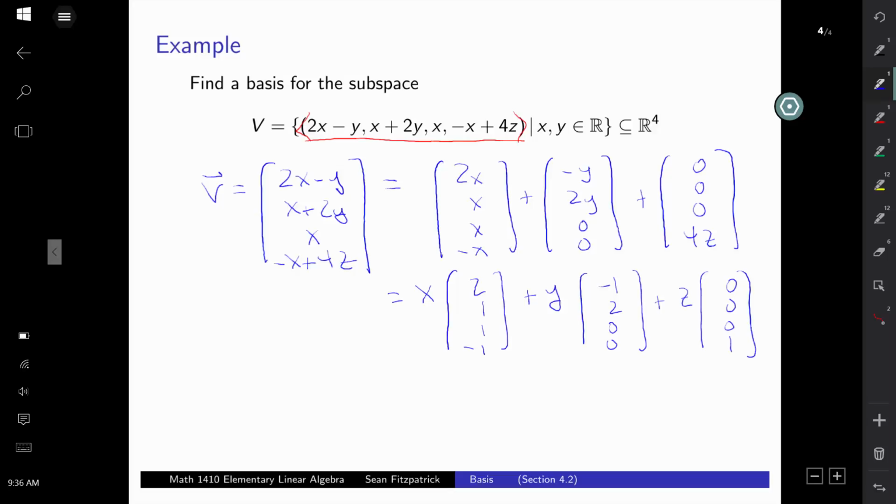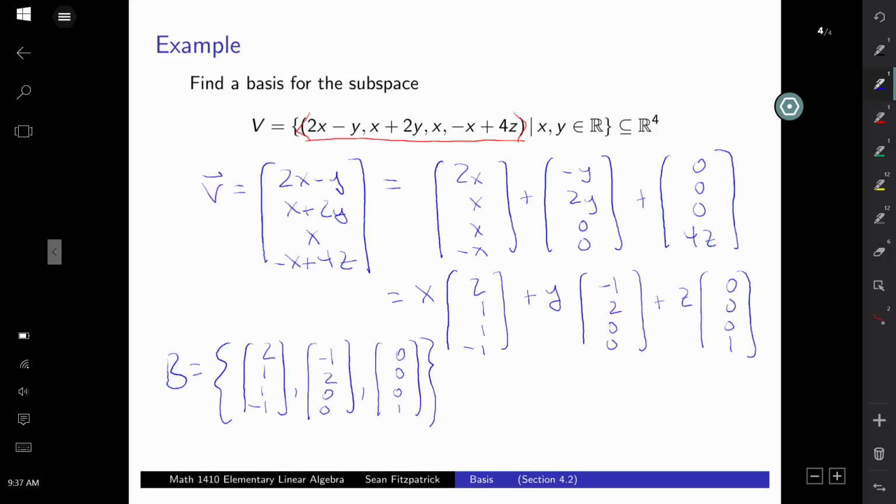Okay, so this suggests that my basis B should be 2, 1, 1, minus 1; minus 1, 2, 0, 0; 0, 0, 0, 1. Okay, and of course you have to do some checking. We know that it's certainly a spanning set.